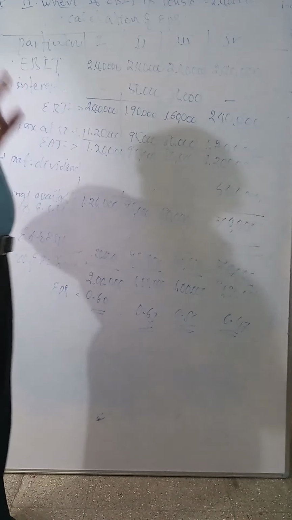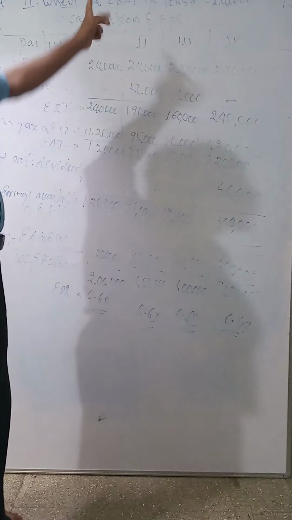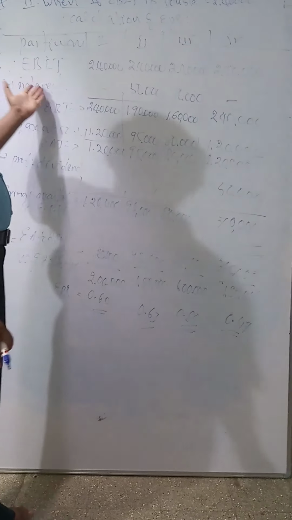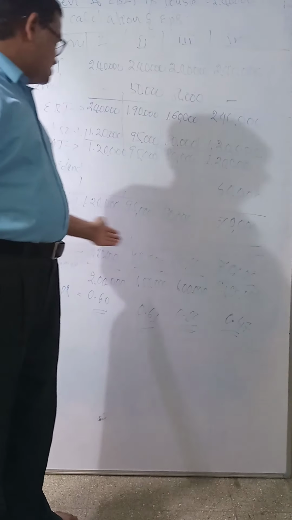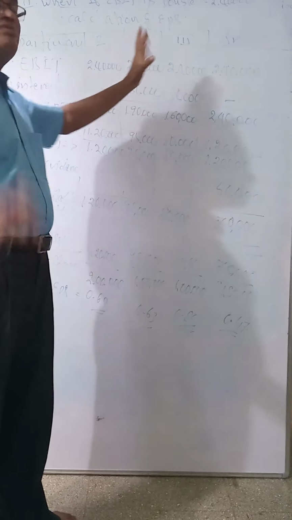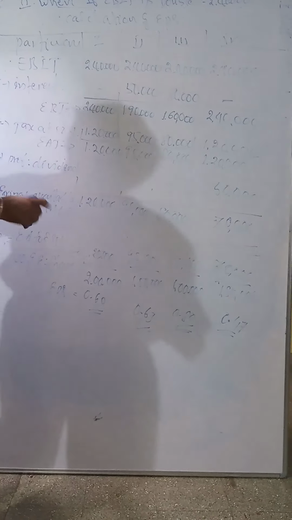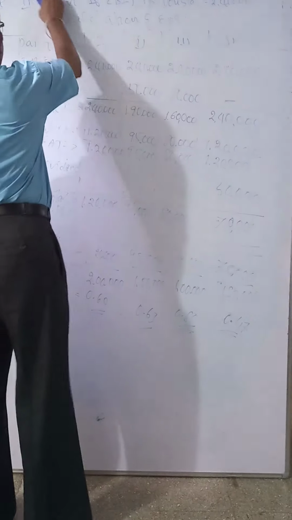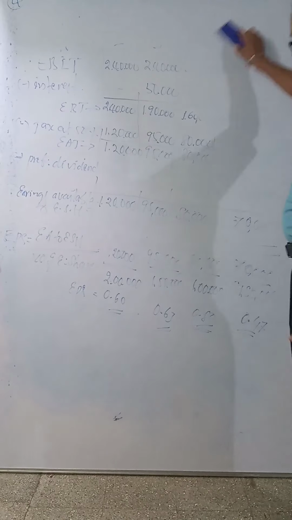If EBIT is 1,20,000, we did EPS. If EBIT is double, 2,40,000, interest is common, preference dividend is common, number of equity shares is common. Only EBIT changes slightly. So this is problem number 4. We are done. I hope you understand this.